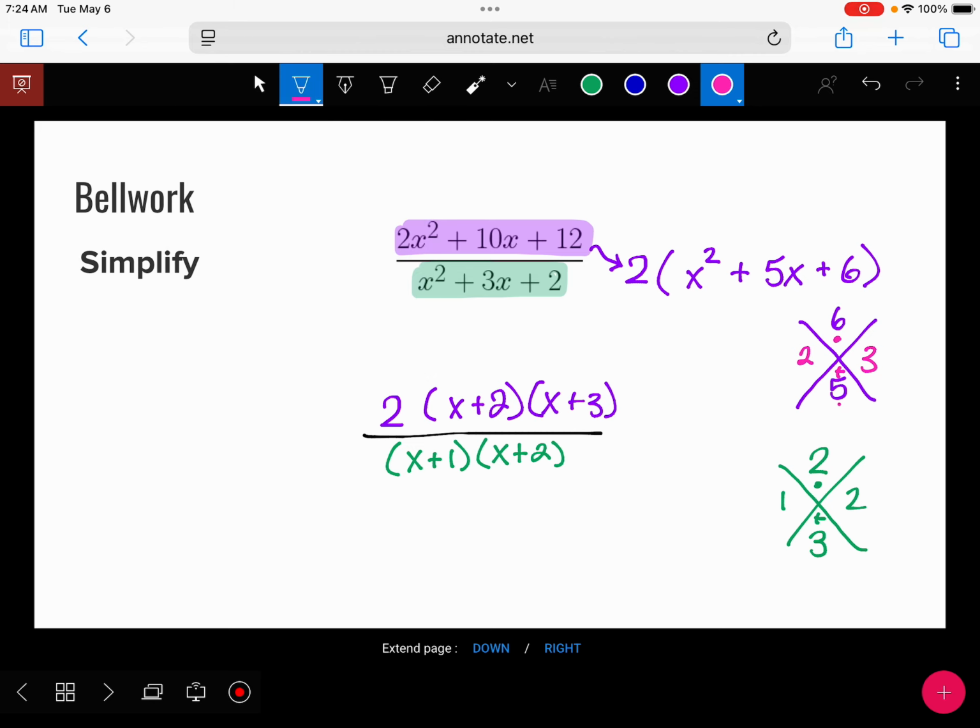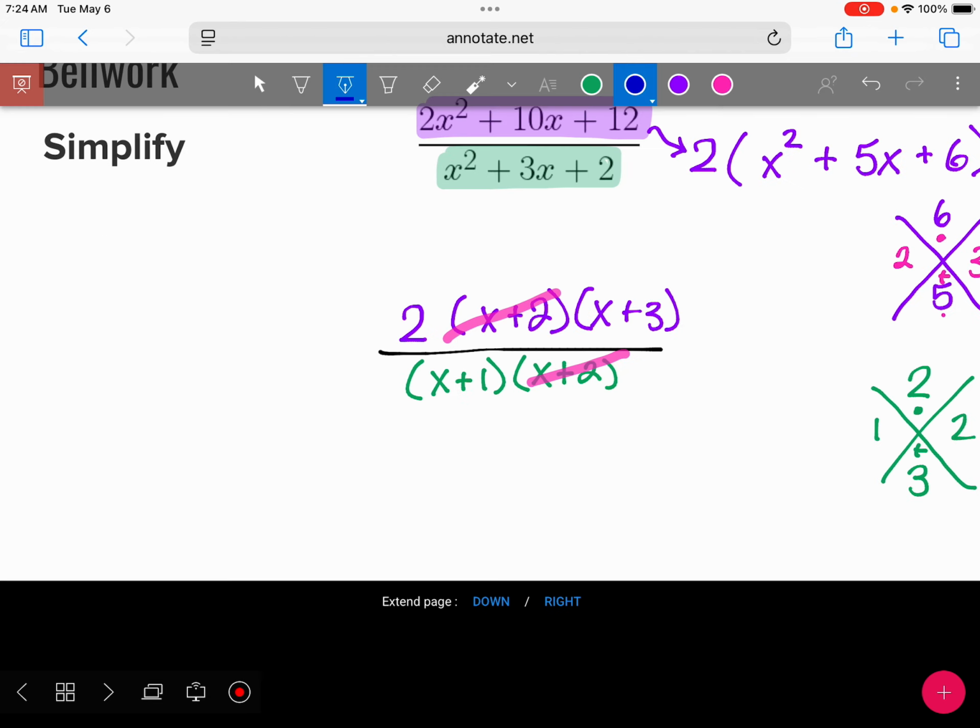There's x plus 2's. They can cancel out. So our simplified version, we've got our 2 and the x plus 3 left in our numerator, and we have just our x plus 1 in the denominator. There's nothing else we can simplify.